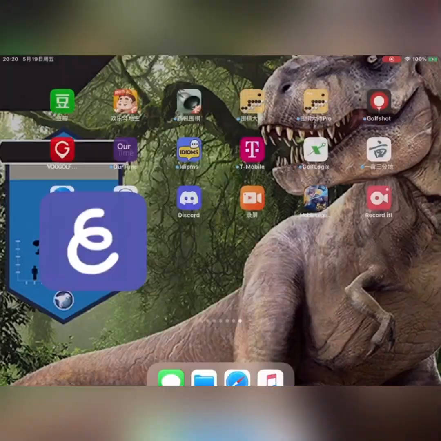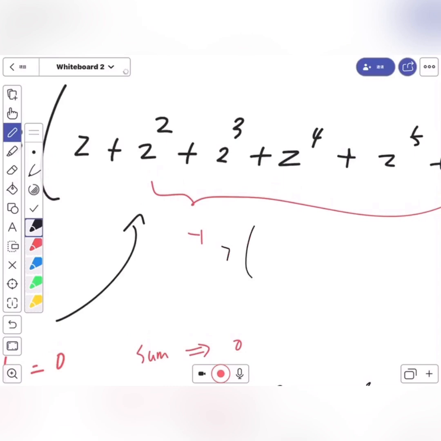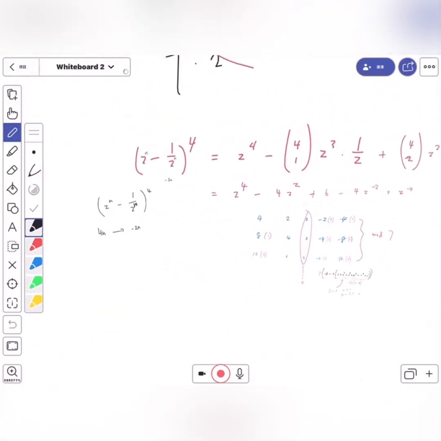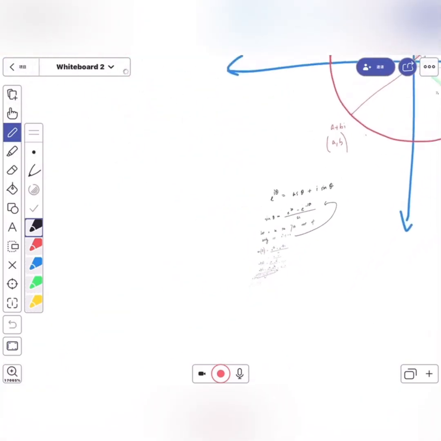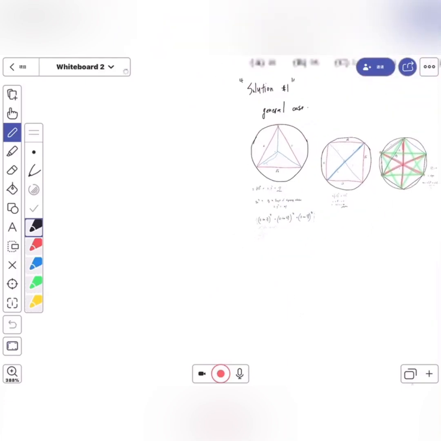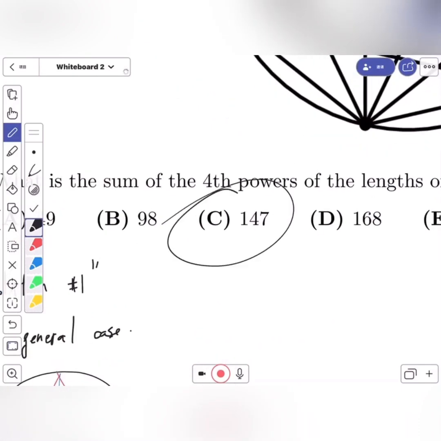So essentially, this is going to be 7 times 21, which is 147. And that actually gives us answer choice C, and we are finally done.